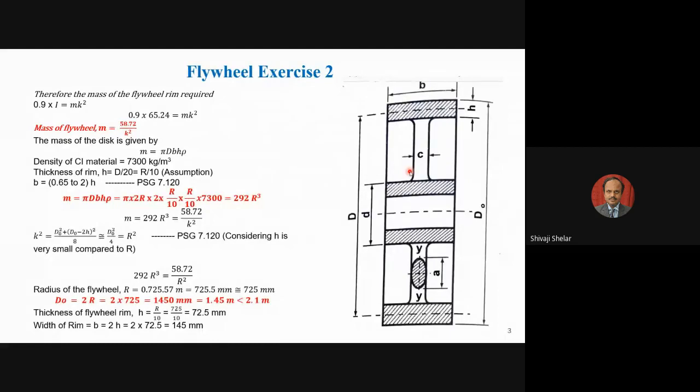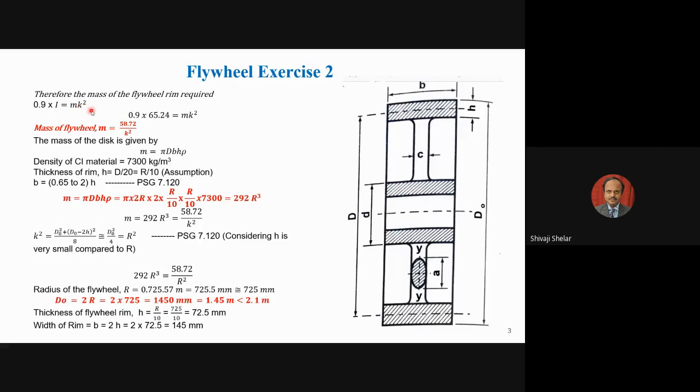One is for a solid disc flywheel, another is for an armed flywheel. In the solid disc flywheel, the radius of gyration k is equal to r by root 2, and in case of an arm flywheel, the radius of gyration k is equal to r.